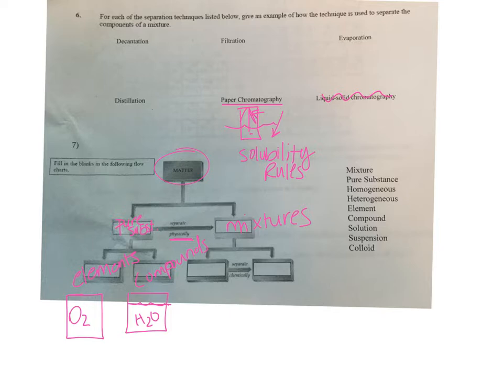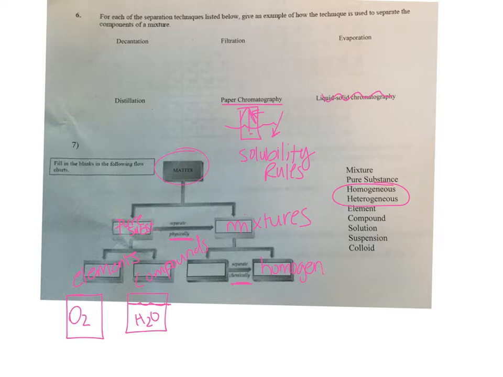When we have mixtures, you have two different categories on this. You have homogeneous and heterogeneous, okay? Homogeneous means it's uniform throughout. Heterogeneous means you can see chunks. So when we say that one of them can only be separated chemically, that's going to be your homogeneous, okay?